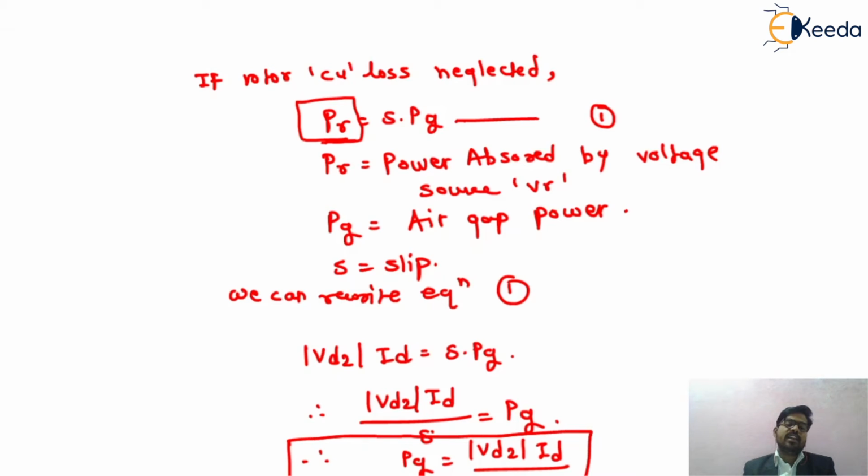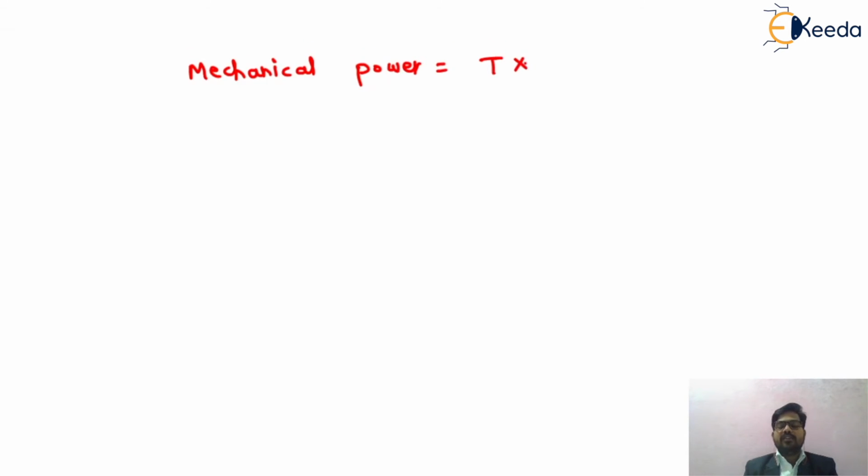And if we are getting the air gap power, then obviously, as we know, in concern with your static Scherbius drive we have one important concept called mechanical power. Mechanical power is the product of torque and speed, that is the angular velocity, omega ms.